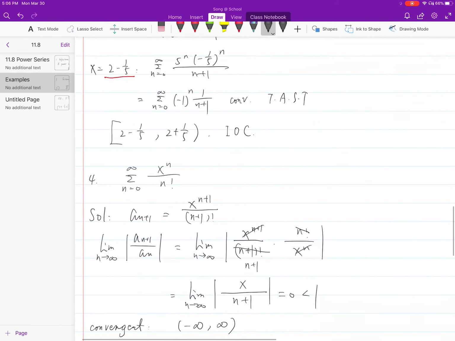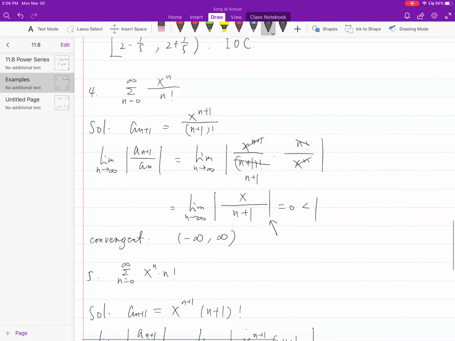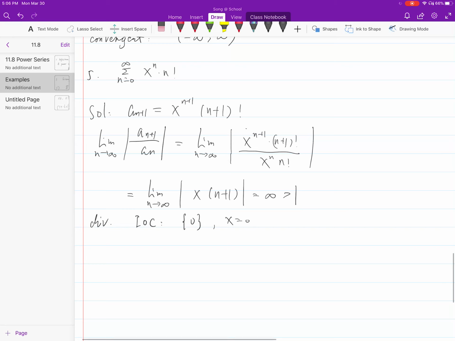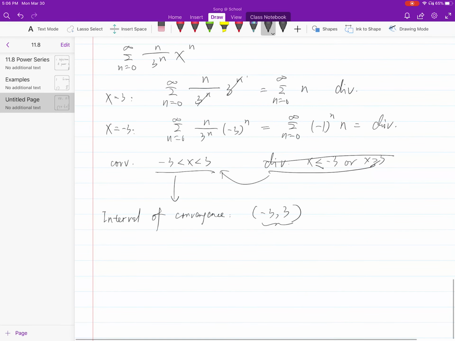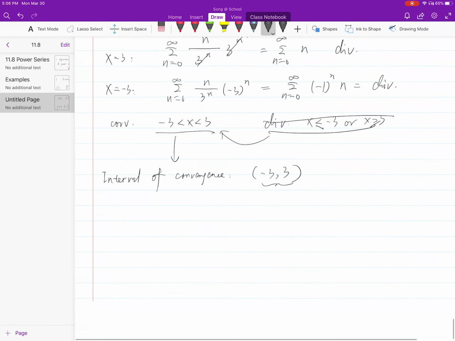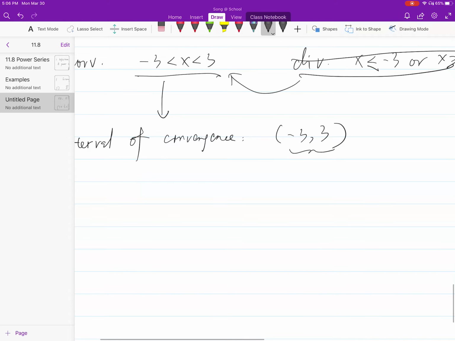For number 4, you solve something like this. Again, it's an absolute value inequality you're trying to solve here. And finally, it's an absolute value inequality you're trying to solve here. With that in mind, we can actually summarize: if we do a ratio test for any power series, what can we expect?